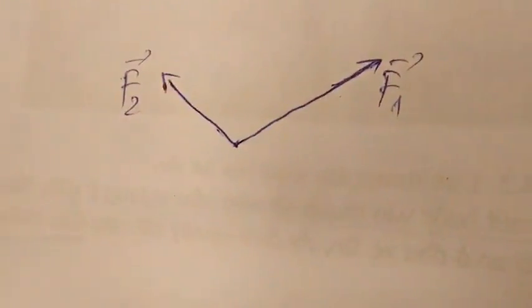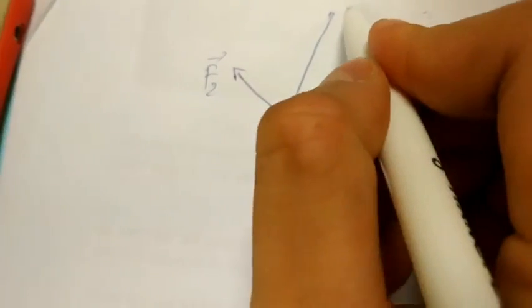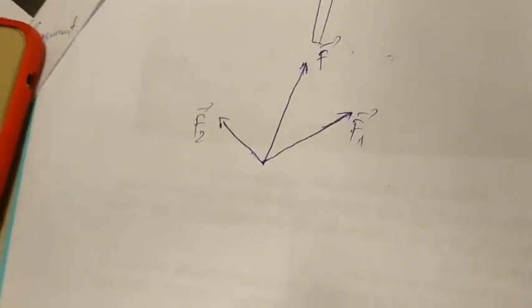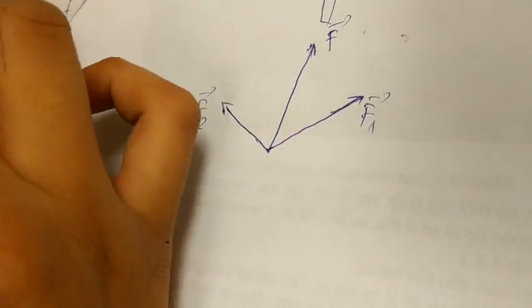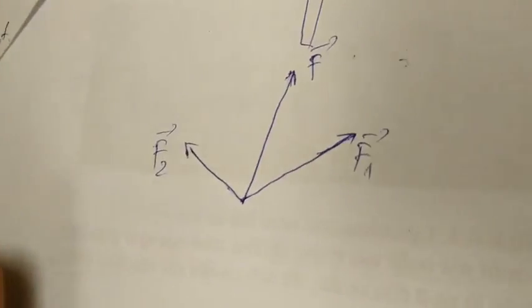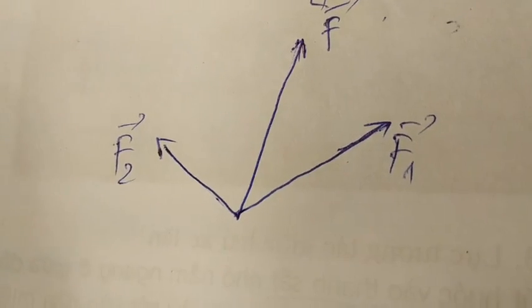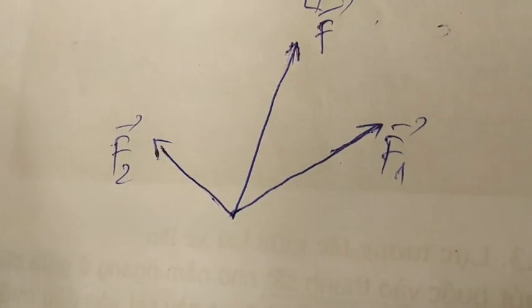In the same way, we get the third force F. Remove the force, and remove the dynamometer and the object from the board. We get three arrows, vectors F1, F2, and F.